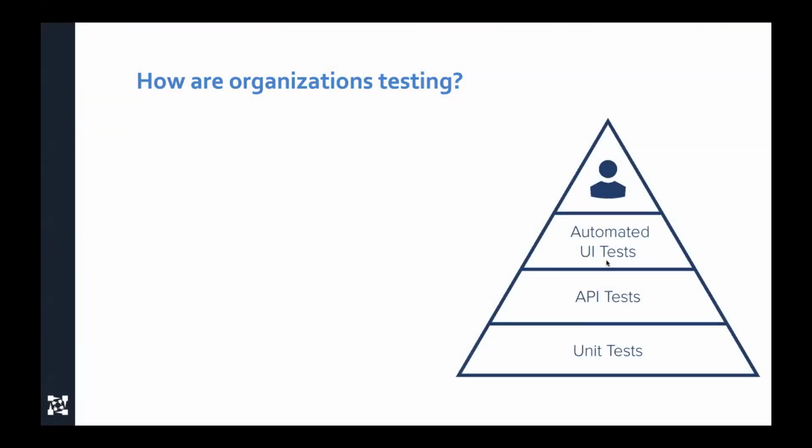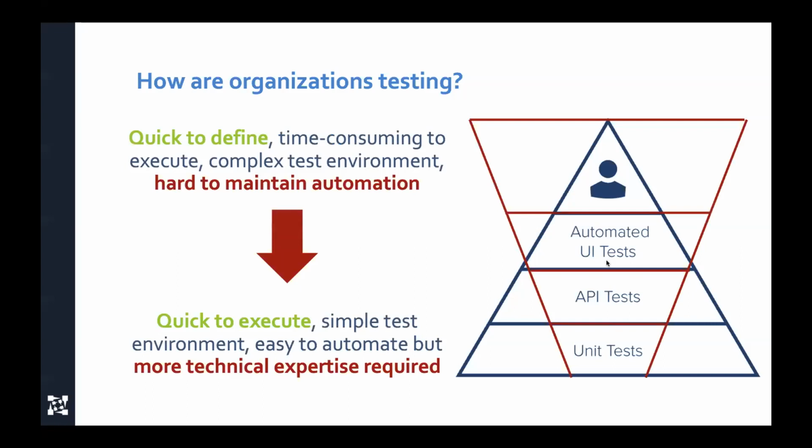So how are organizations doing testing today? If you're struggling with unit testing, if you've got low code coverage numbers, you're trying to drive them, well, you've got to be testing it some way today. And the reality is that most people, when you look at the testing pyramid, would agree that this is the right strategy.